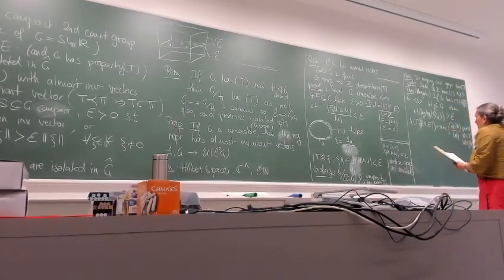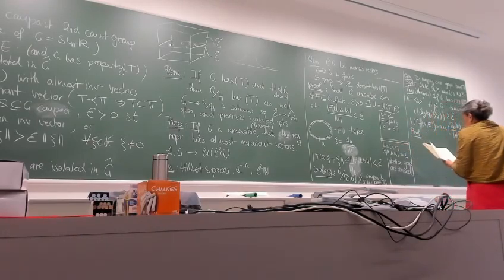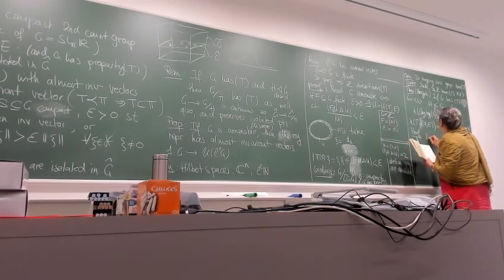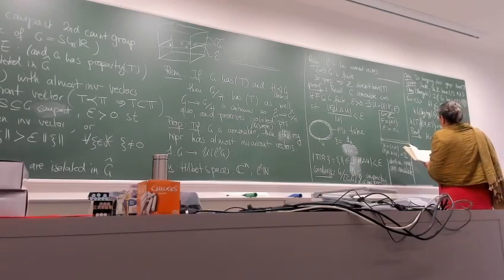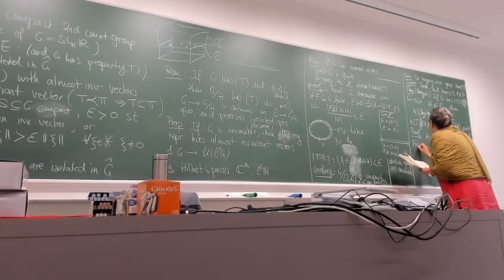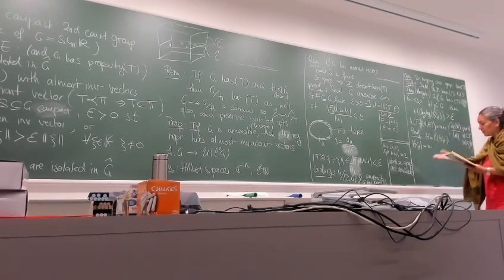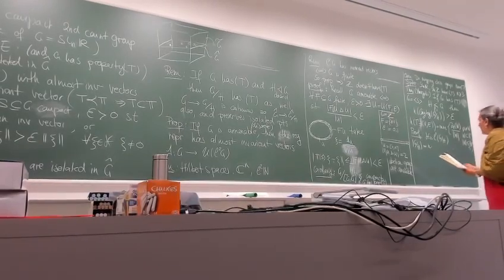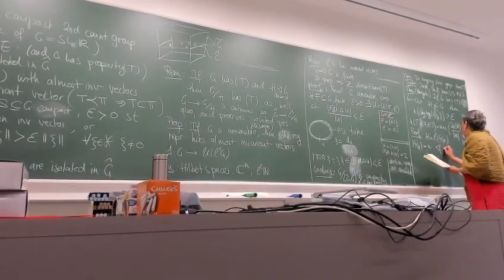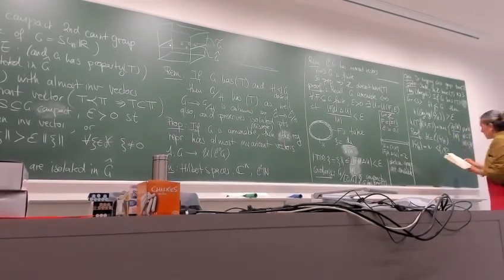Okay, so the proof. My Hilbert space is going to be L2 of G mod H, and I'm going to assume that the cardinality of G mod H is n. There's an inner product on L2 of G mod H that I'm going to choose.